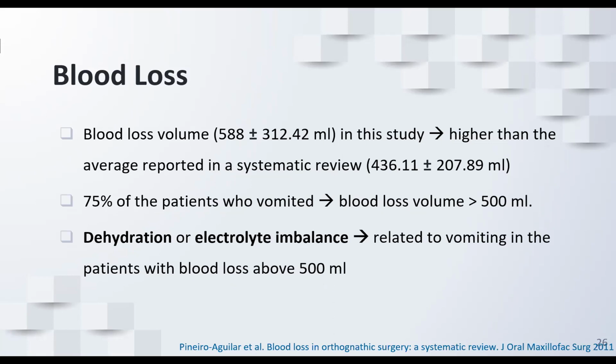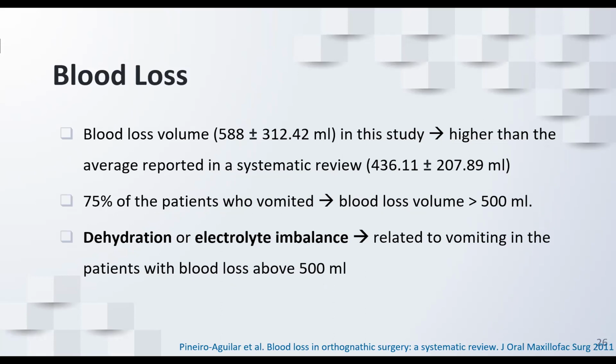And intraoperative blood loss volume in this study was higher when compared to the average reported in a systematic review published in 2011. In this study, 75% of the patients who vomited had a blood loss volume above 500 cc. Previous studies evaluating the risk of PONV in OGS have not considered this parameter.